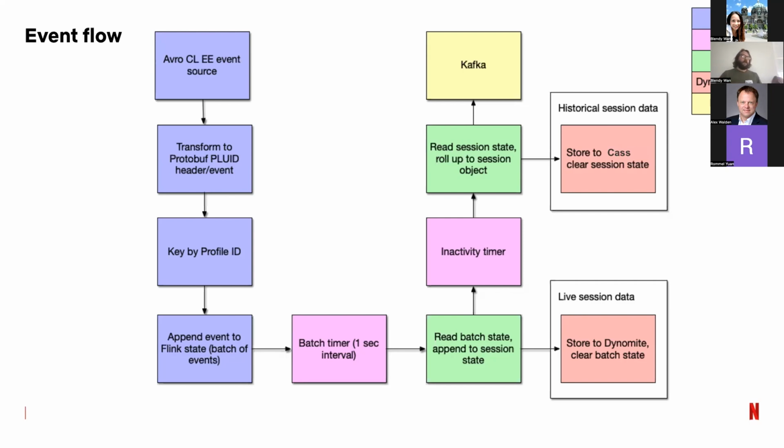At the same time, we take those events, summarize them, and write them into a separate Cassandra store. This allows our consumers to also consume data about the history of sessions for users. So we'll have the current ongoing session in Redis, and the history of past sessions stored in Cassandra. We also output it to Kafka. That's how we eventually dump it into the data warehouse, as Romain mentioned earlier.